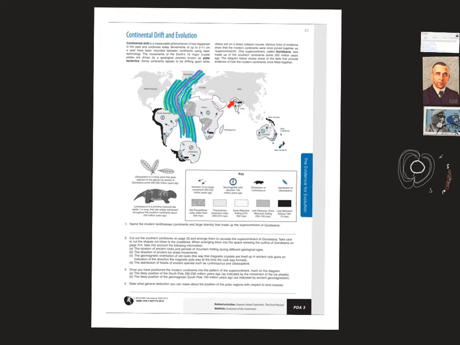In India, the magnetic field of the rock actually pointed in this direction, a good 30 degrees, 33 degrees to the west versus straight up and down north. Australia also 30 degrees to the west.